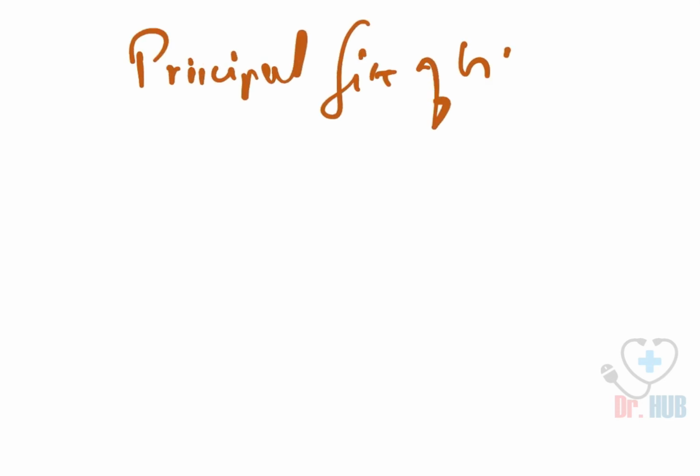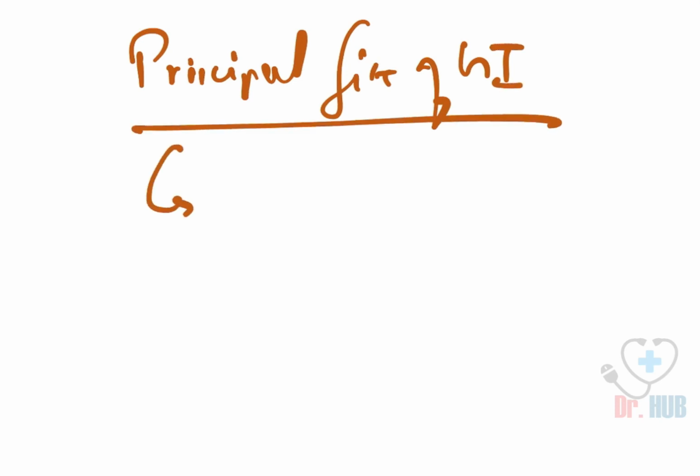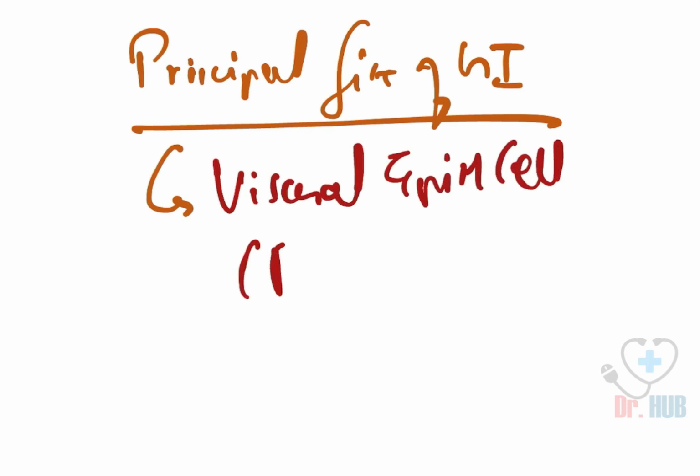Next, we look at the principal site of the glomerular injury. The principal site includes the visceral epithelial cell, that is the podocyte.